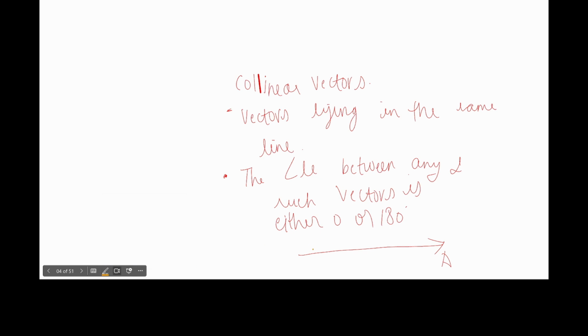Okay, this is vector B. When we say that they're lying in the same line, if I consider this as a line, we can clearly see that both vector A and B are lying in the same line, and the angle between them is 0. If vector B is in the opposite direction from vector A, the angle formed is 180 degrees. So there are two cases.